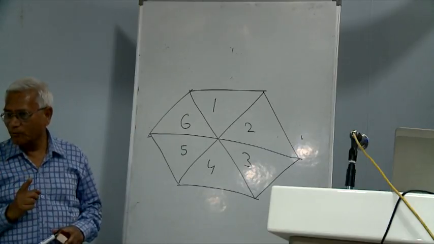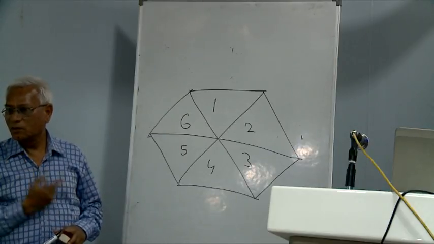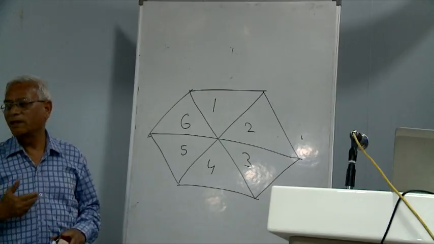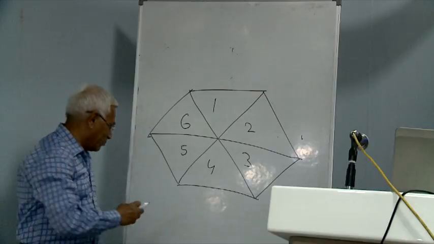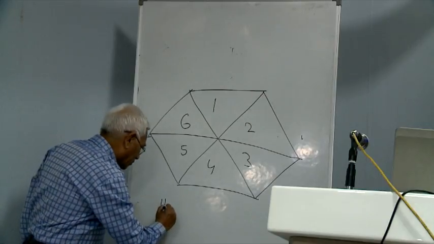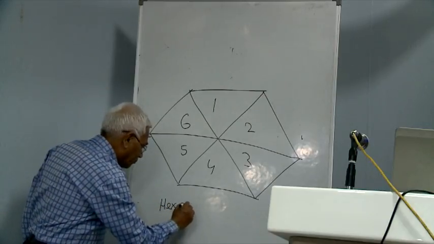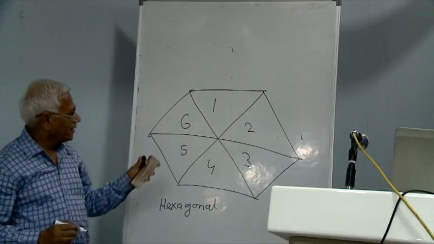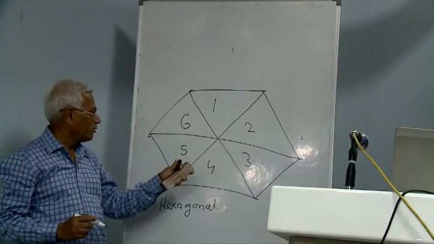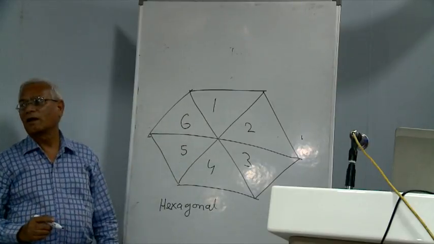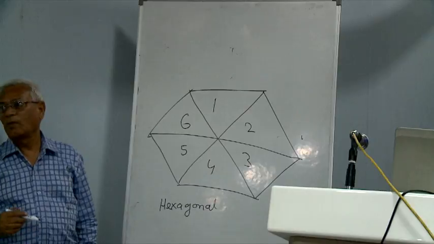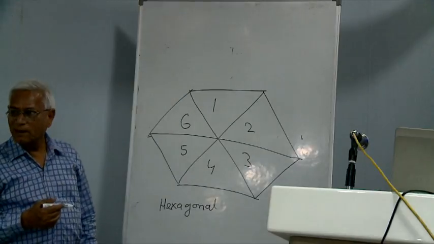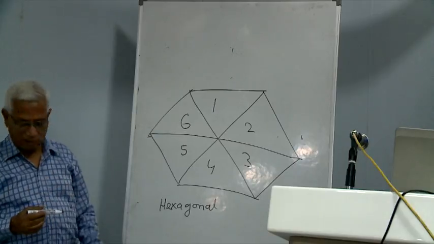Instead of taking one triangle, we have taken 6 triangles. 6 equilateral triangles make a hexagon. So this shape is called the hexagon. And the numbers given, 1, 2, 3, 4, 5, 6, are called sectors when I talk about cell coverage.